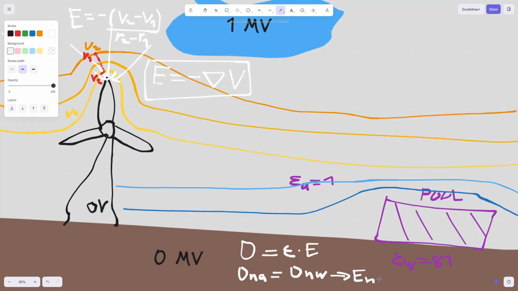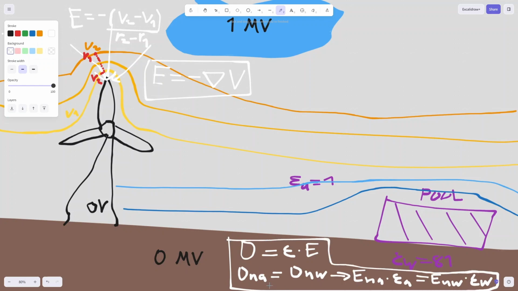And if we relate this to the electric field strength, then we can see that the electric field strength inside of the pool is actually decreased by a factor of 81. So the field inside of the pool is 1 over 81 times lower than outside of the pool. And this is an effect of the boundary conditions applied between two mediums.